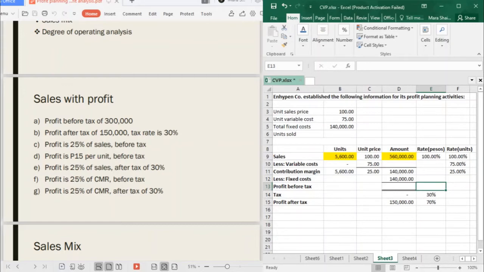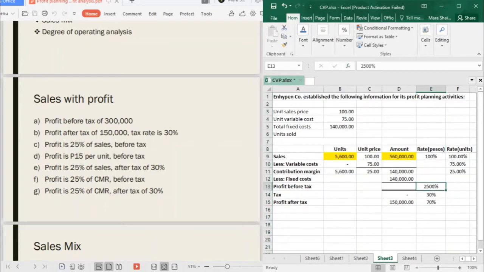If we go back to the previous, how do you get your profit rate? It is your profit divided by your sales. So that is how you get your profit rate. So in this case, 25% is our profit rate.